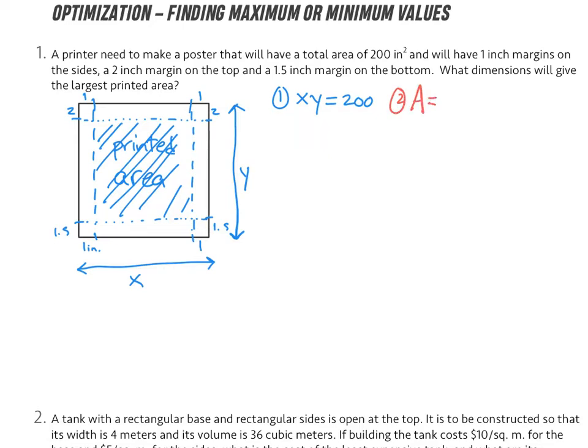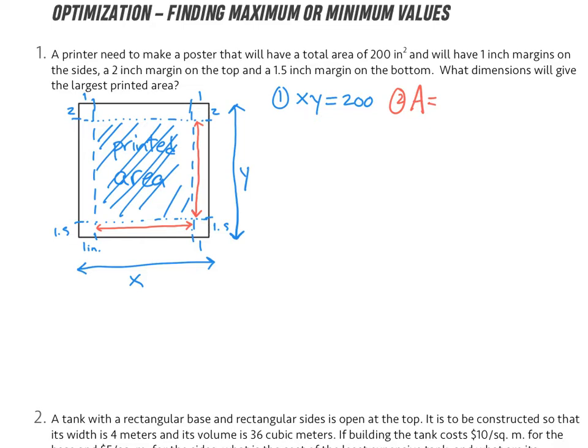How do we find its area? Well, same as you find the area of the overall poster. It's the base times the height. The base is this red line that I'm drawing right now, and the height is this other red line that I'm drawing. Let's figure out how long those are.